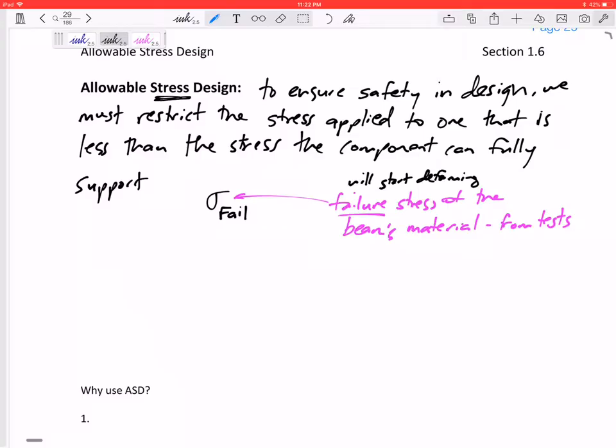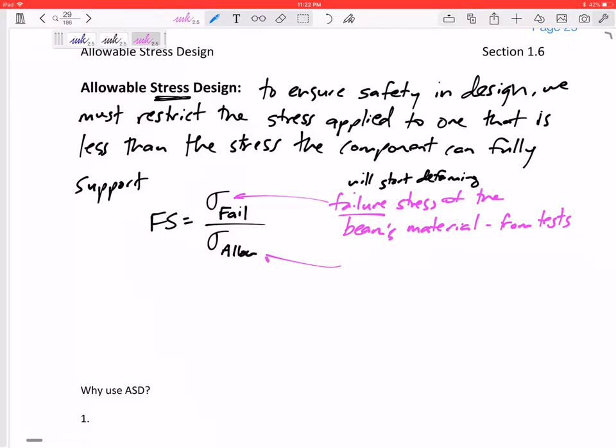All right, so if we know the maximum failure stress that this material can withstand, we need to make sure we don't go past that, right? And so we will set a factor of safety. The factor of safety is going to be failure stress over allowable stress.